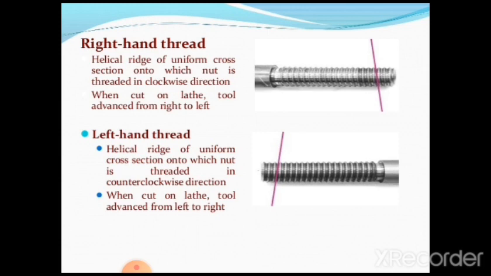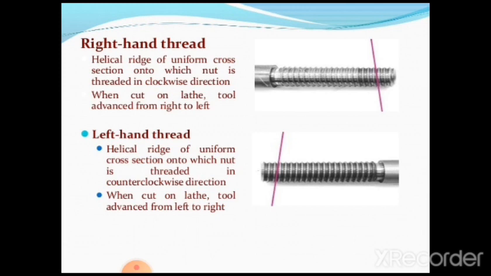Right hand thread is the most commonly used type which you are going to do in your machine shop. On a lathe machine, generally you are going to cut the right hand thread. Depending upon the specific applications, left hand thread can also be produced.